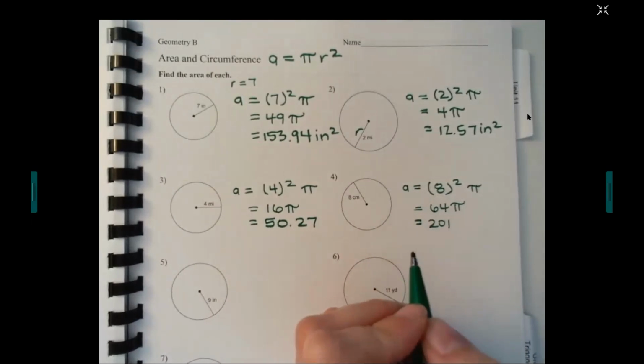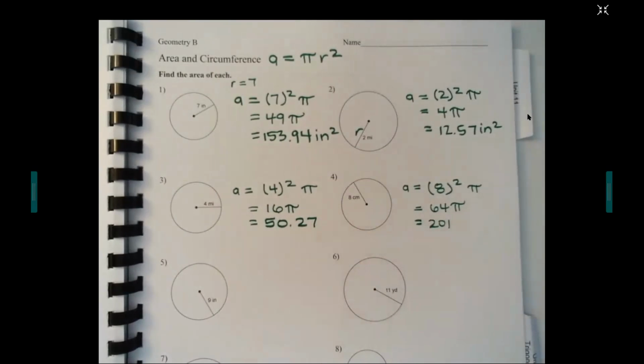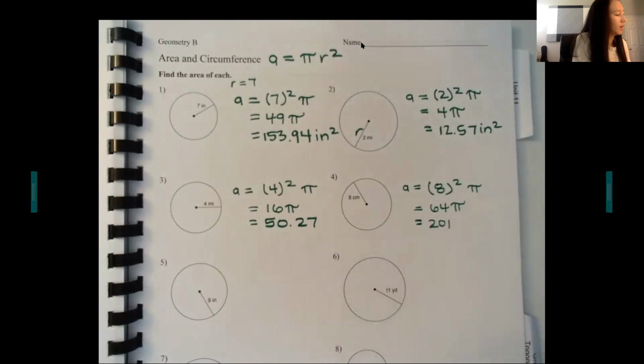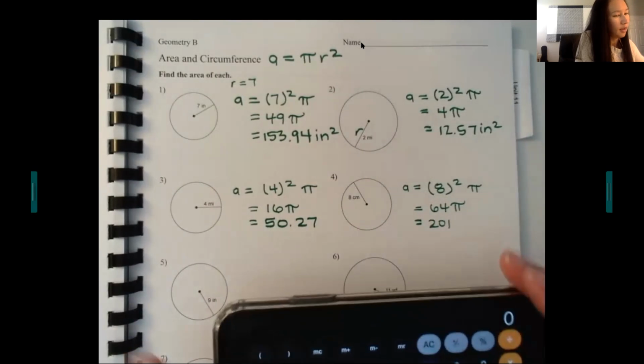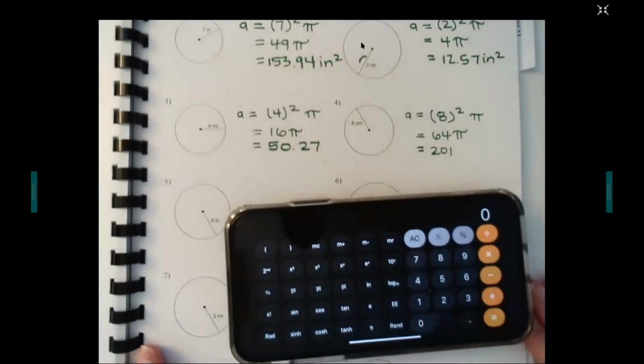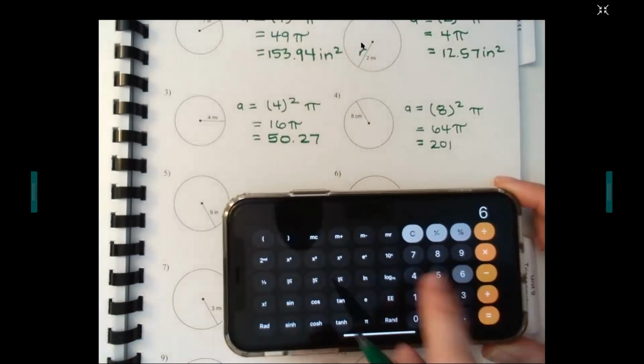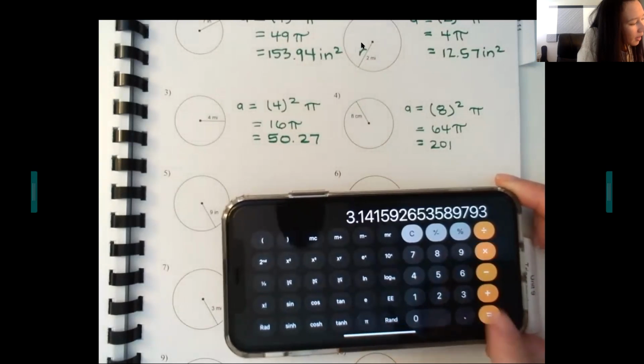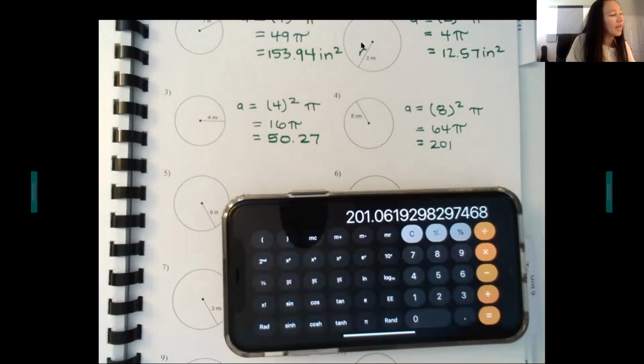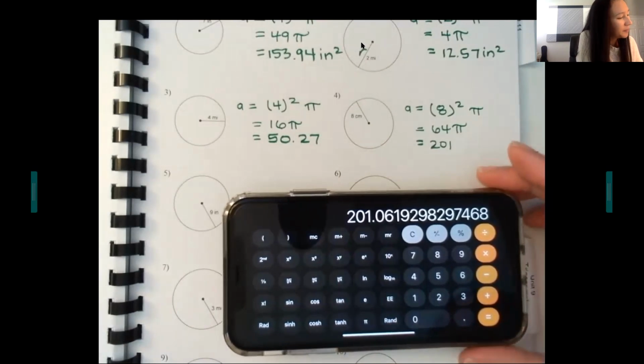Wait, when I rounded, I don't know what place it was, but I did 201.1. Okay, let's see. So if we do 64, yep, that's what you would do. 201 point.